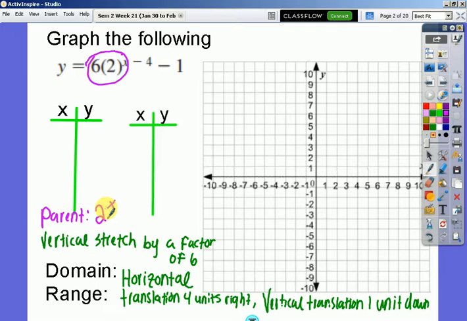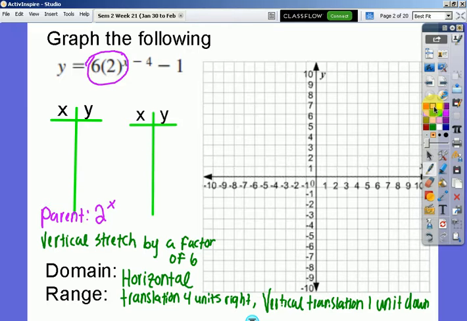Okay. Now, I'm going to ask you to identify the vertex. Do you remember what the vertex is? Not the vertex, the y-intercept, sorry. You know what the y-intercept is? 0, 6. 0, 6. How did you know that? Y-intercept is always a number in front.